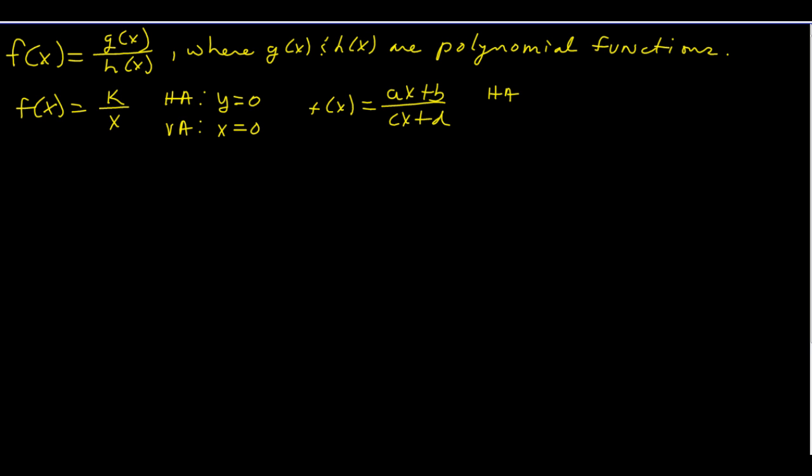Our horizontal asymptote in this case becomes y equals the ratio of a to c, and our vertical asymptote changes also. It becomes x equals negative d over c, which is the point that makes cx plus d equal to 0, or makes the expression undefined.